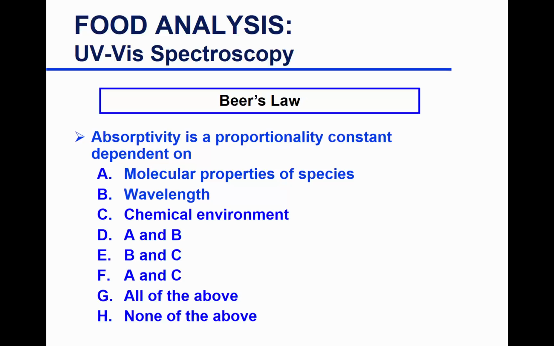Well, if there are other components in your mixture that can interfere with the characteristics of your analyte, they might cause a dissociation, making it an ion form versus a molecular form. So yes, the chemical environment does impact, and of course the molecular properties of the species, which make it unique and give it a specific absorption, and of course the wavelength. At different wavelengths you have different absorption.